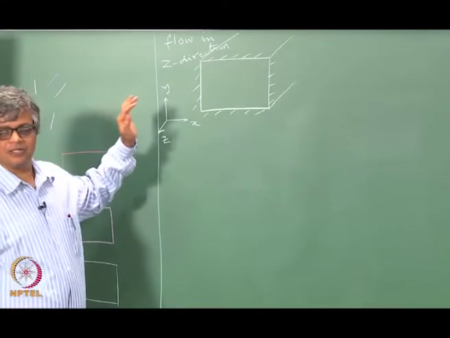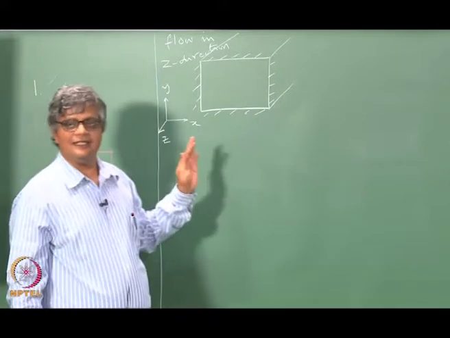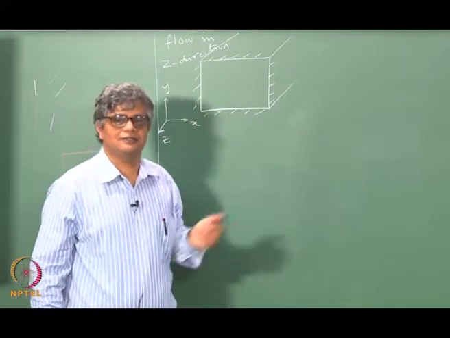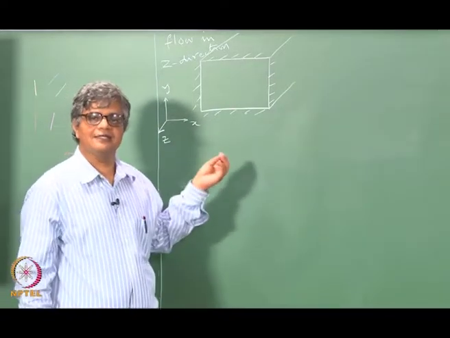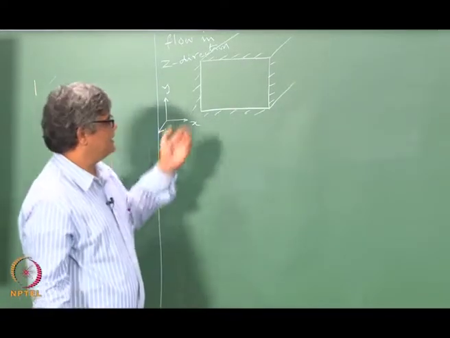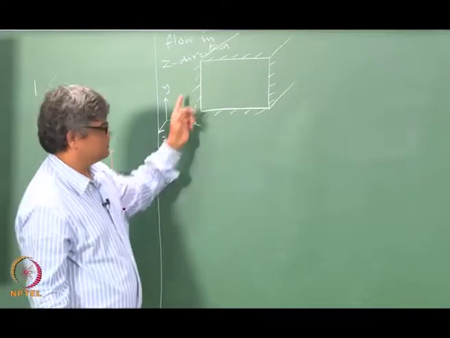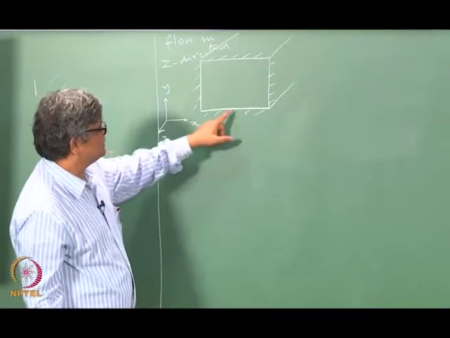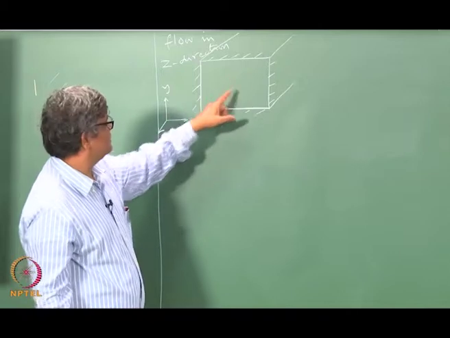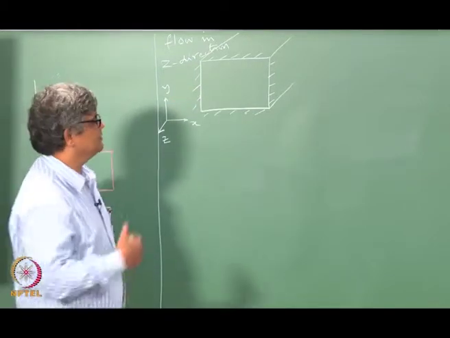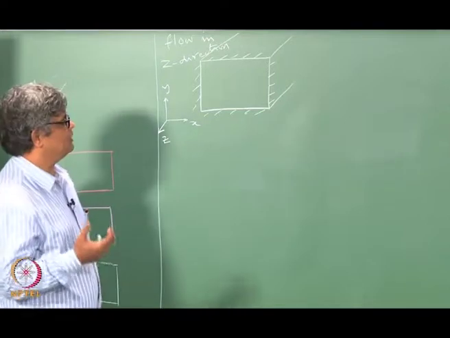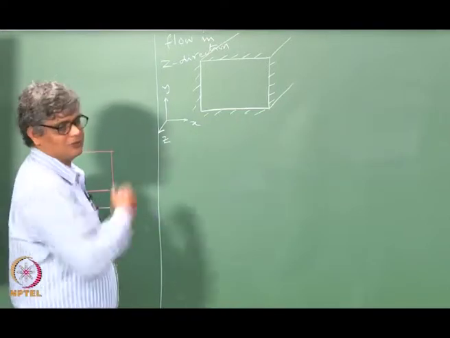In the case of a circular pipe, it increases in the same way in all directions. So, you have velocity depending only on the radial distance from the wall. In the case of a rectangular pipe cross section like this, you have a certain distance from here which is different from the distance from the side walls. Okay. So, what distance is honored by the fluid flow as it is going through this.